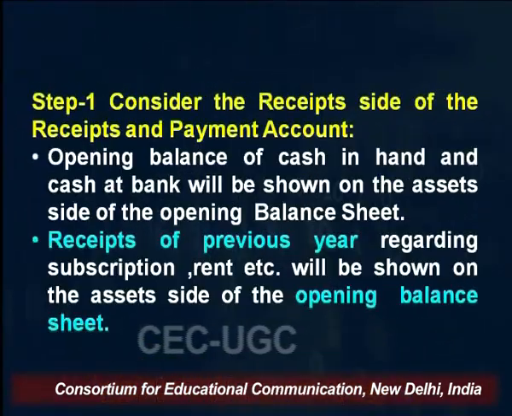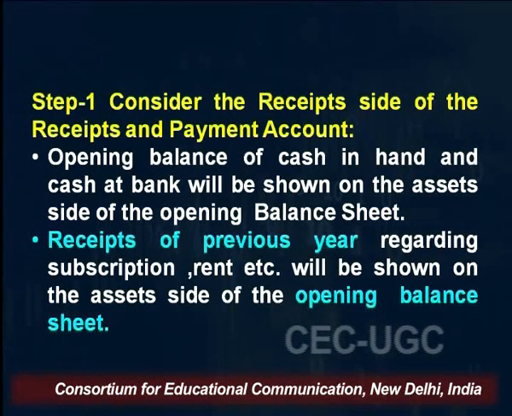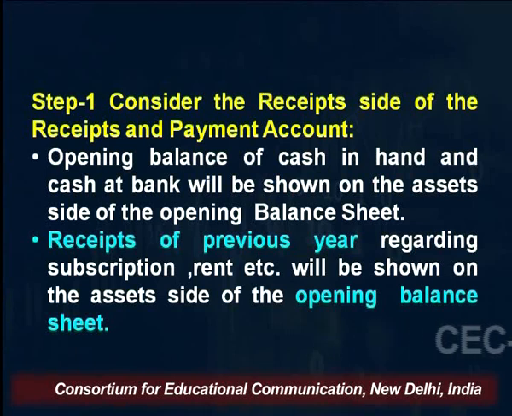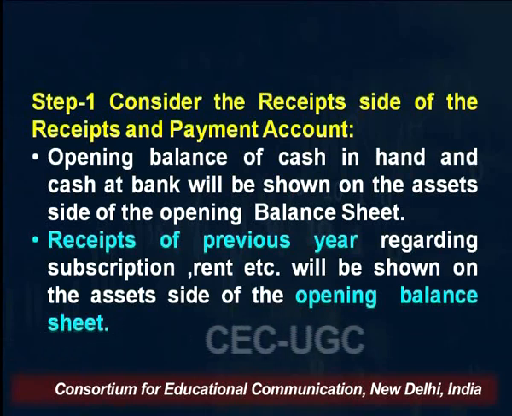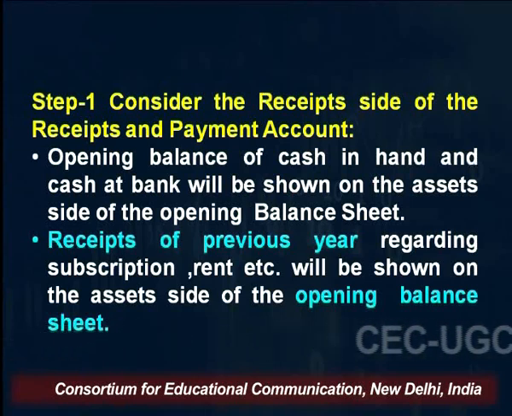So this item will be shown in the opening balance sheet. Any item which is a closing balance will be shown in the closing balance sheet. In very simple terms, opening balances will be shown in the opening balance sheet and closing balances will be shown in the closing balance sheet. The next item which appears on the receipt side of the receipt and payment account is subscription.